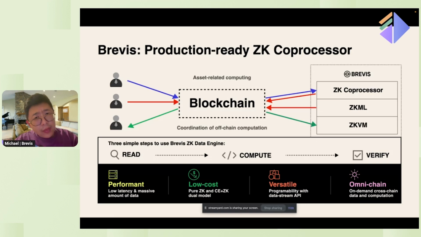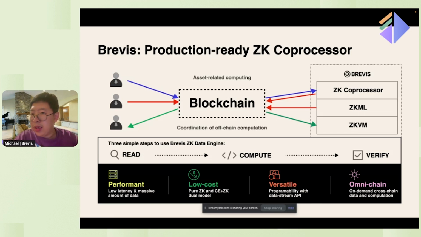And then along with that ZK proof, you post the result back to the blockchain so that the smart contract can cheaply verify the very heavy computation's result and utilize that result directly in the smart contract.